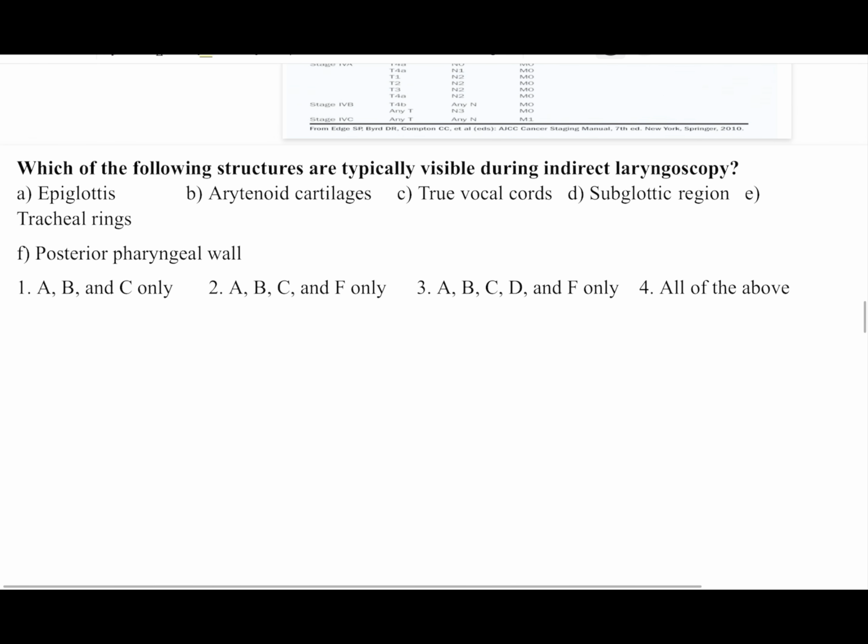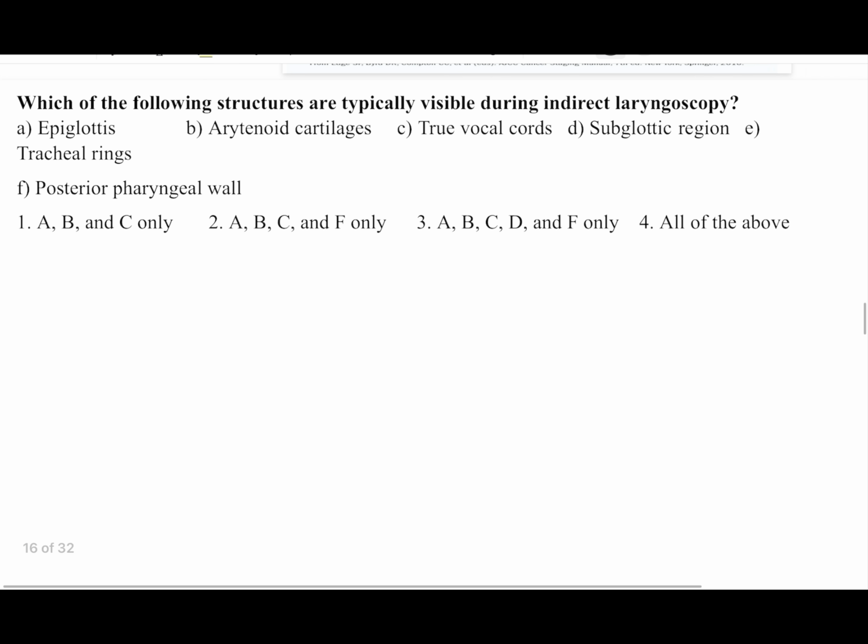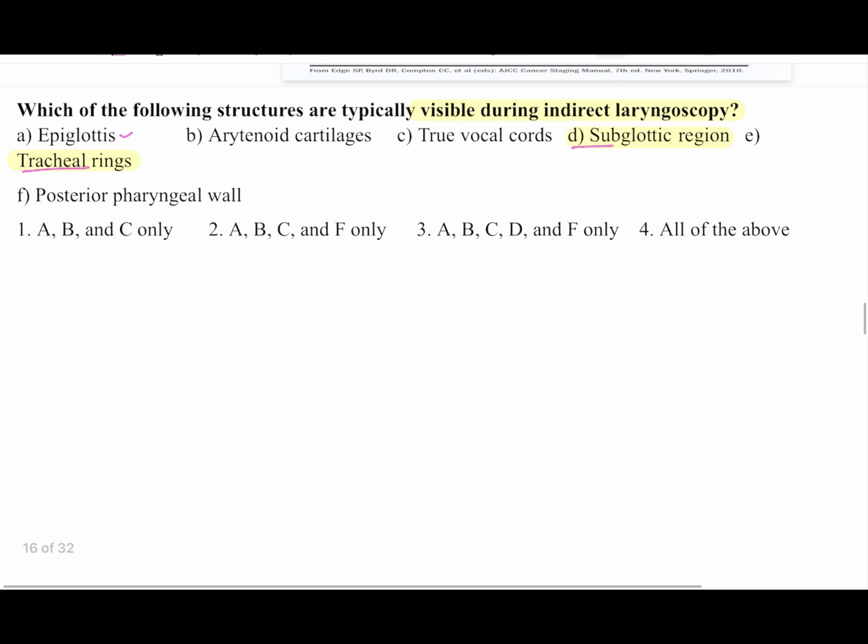Next question, which of the following structures are typically visible during indirect laryngoscopy? You need to remember that in indirect laryngoscopy we cannot see the subglottic region, we cannot see tracheal rings. So these will not be the answer. What will be the answer? We can see epiglottis, we can see arytenoid cartilage, we can see true vocal cords and we can see posterior pharyngeal wall.